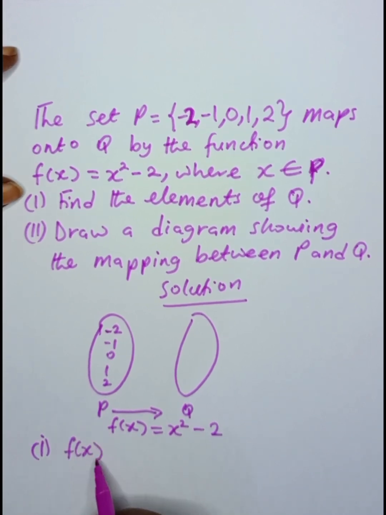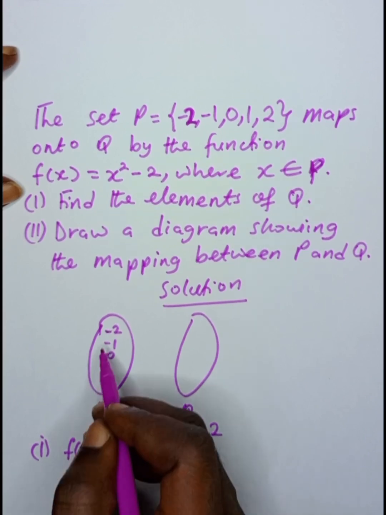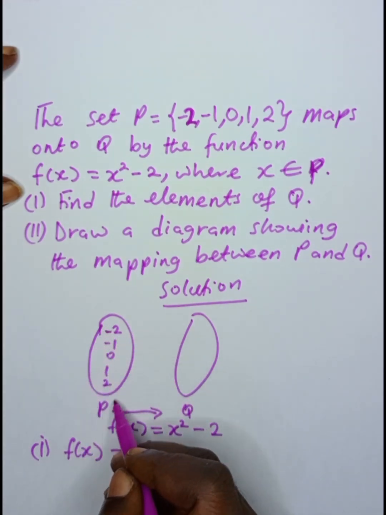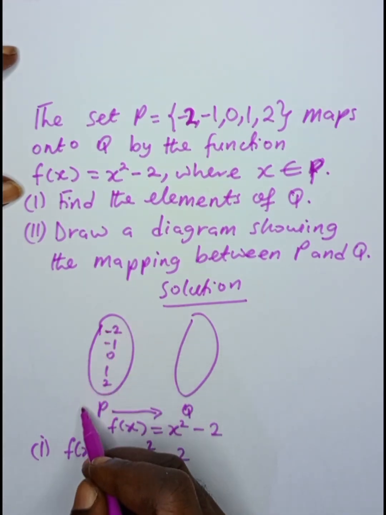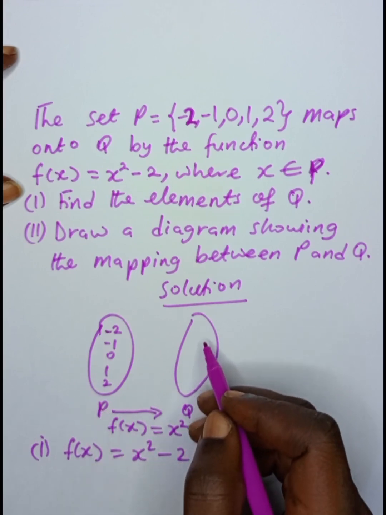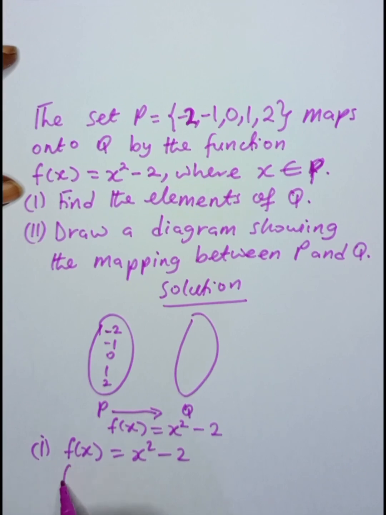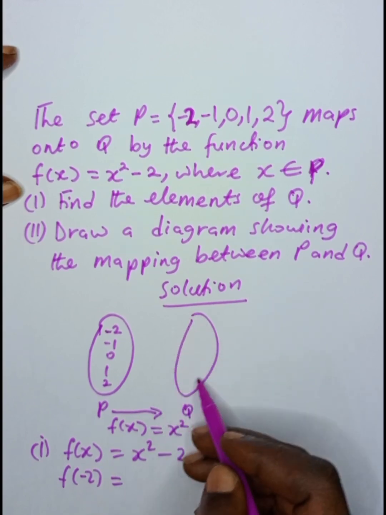When x is equal to -2, because the elements of x are the P elements and the elements of y are the Q elements, what is going to be its corresponding image in the codomain?